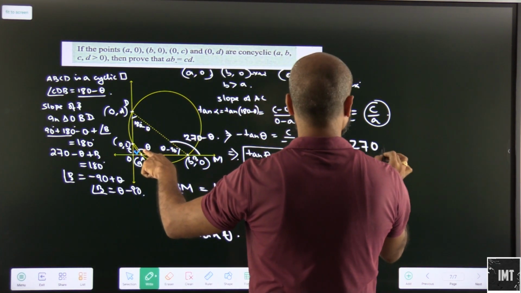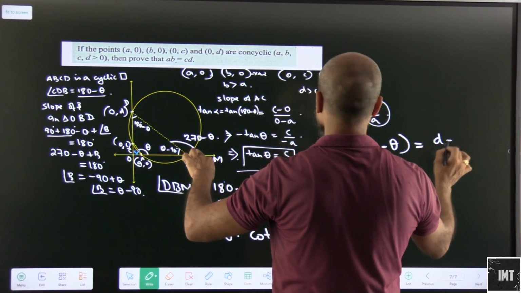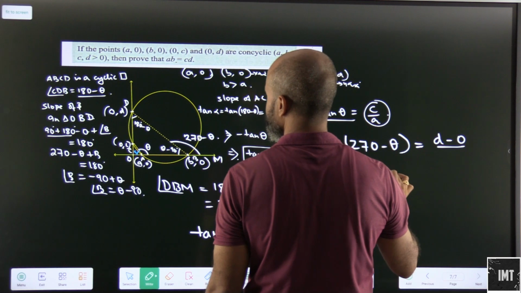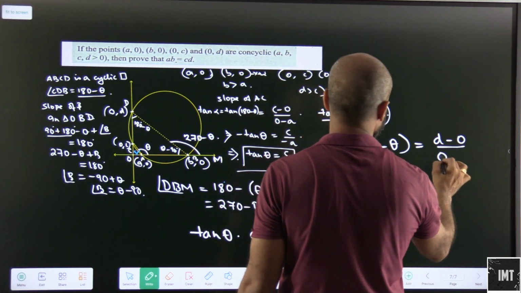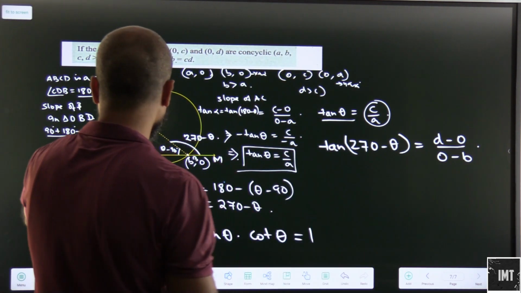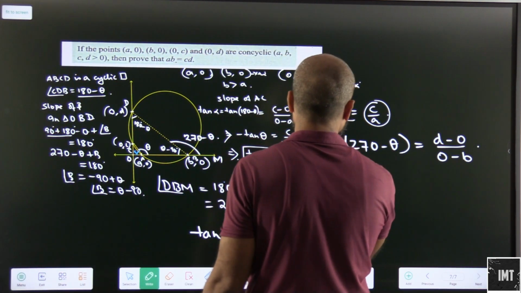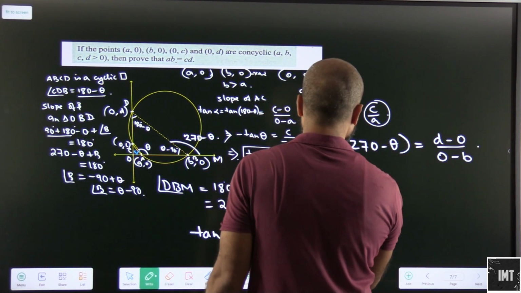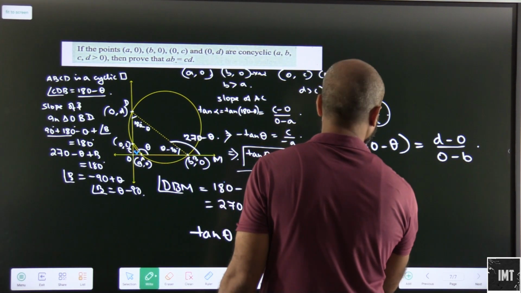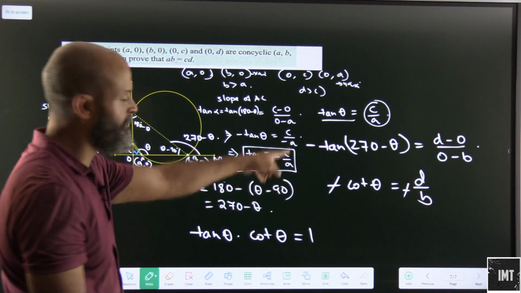Just as we have tan theta here, we can say tan 270 minus theta will be D minus 0 upon B minus 0 minus B. We are basically calculating this, so this will be minus cot theta is equal to D by minus B. Because it's an obtuse angle, we have to put a minus.